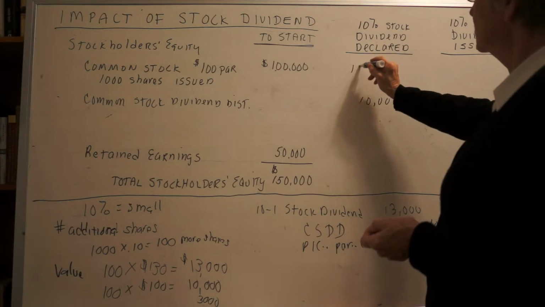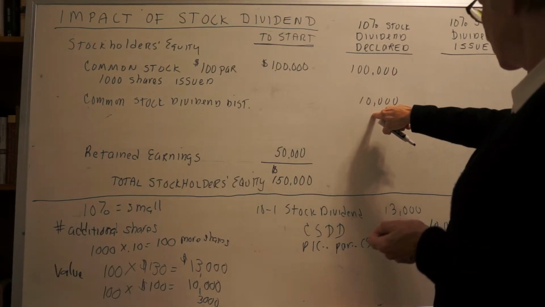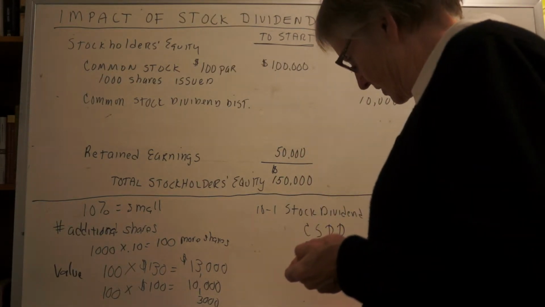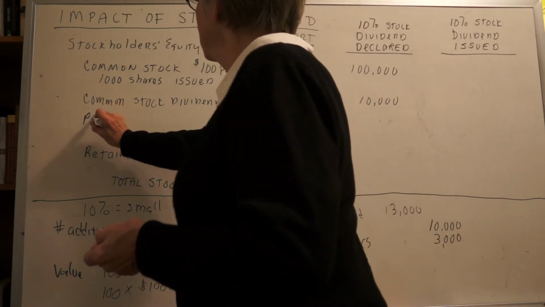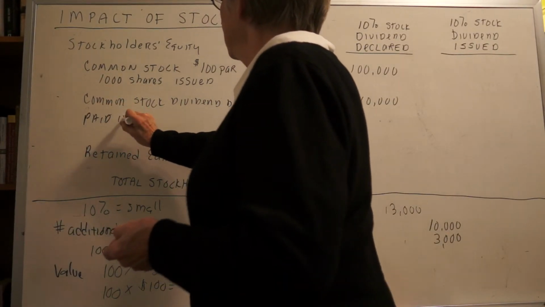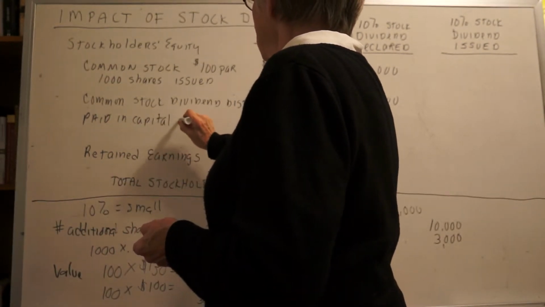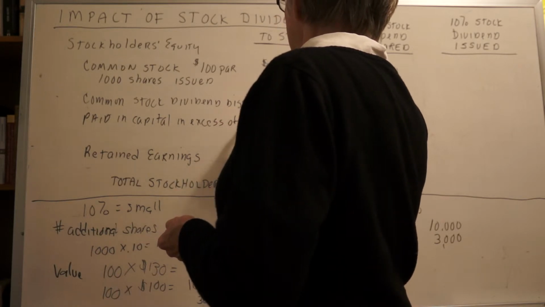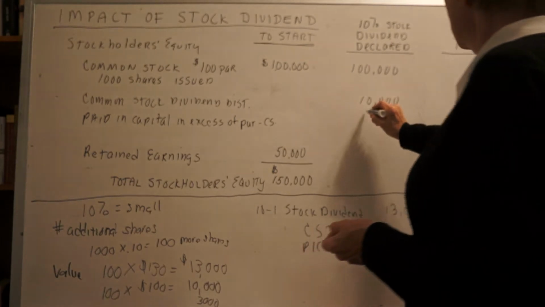We still have the 100,000 original shares. And then we also have our paid in capital in excess of par on our common stock, and that's the 3,000.